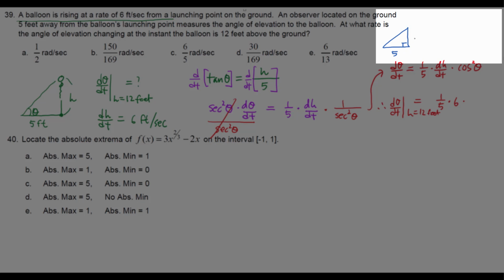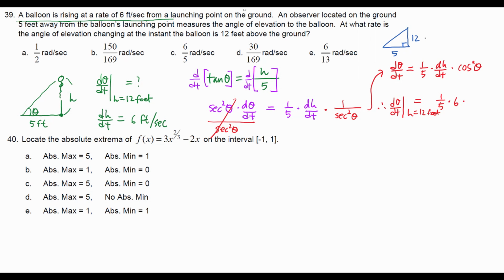This is a 5, and this is the instant when the height is 12. So my hypotenuse is the square root of 5 squared plus 12 squared, which is the square root of 25 plus 144, which is the square root of 169. So it will be 13.